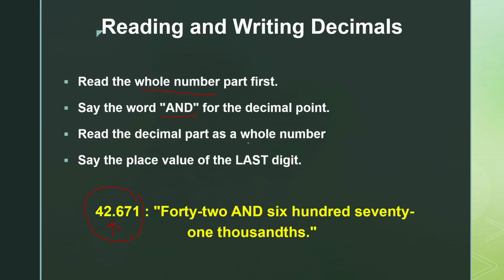Read the decimal part as a whole number again, and say the place value of the last digit. So for this number, we'll say 42 and 671 thousandths. Why thousandths? Because 1 is at the thousandths place.